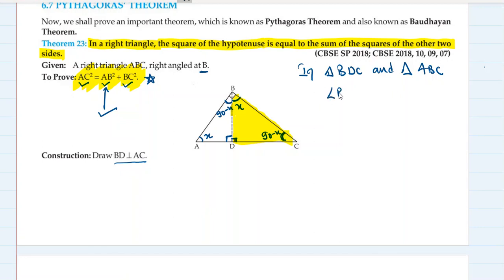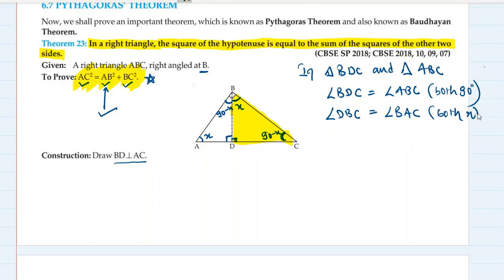So first of all, angle BDC is equal to angle ABC, right? No doubt about that. Why? Because both are 90 degrees. Next, angle DBC, which is X, is equal to angle BAC, both X, right? This is also X, this is also X.